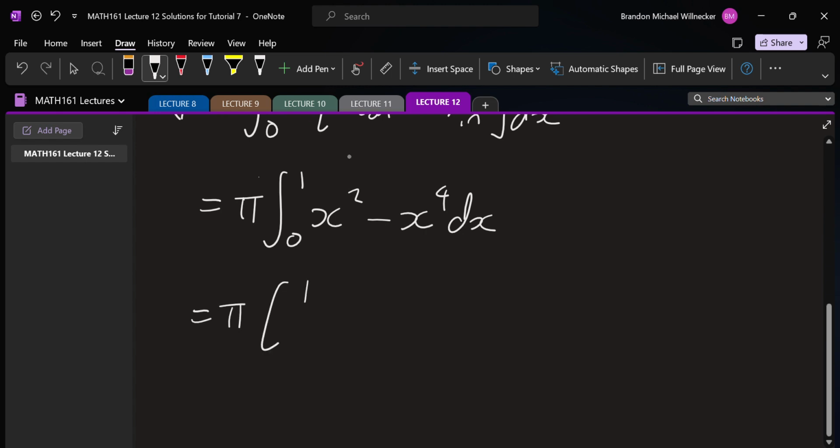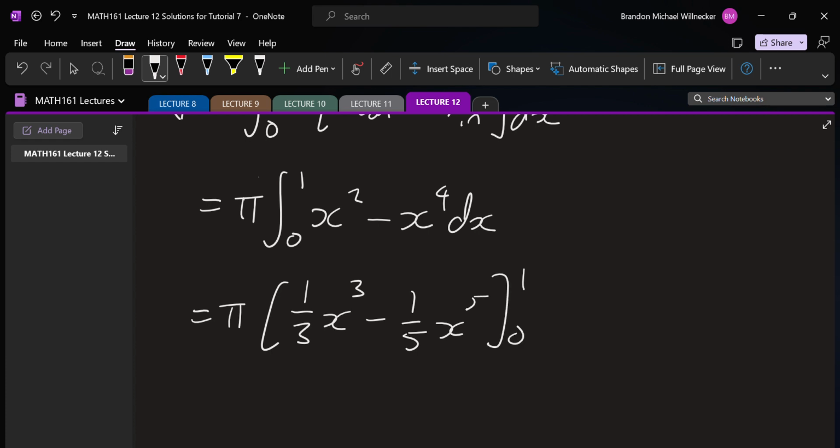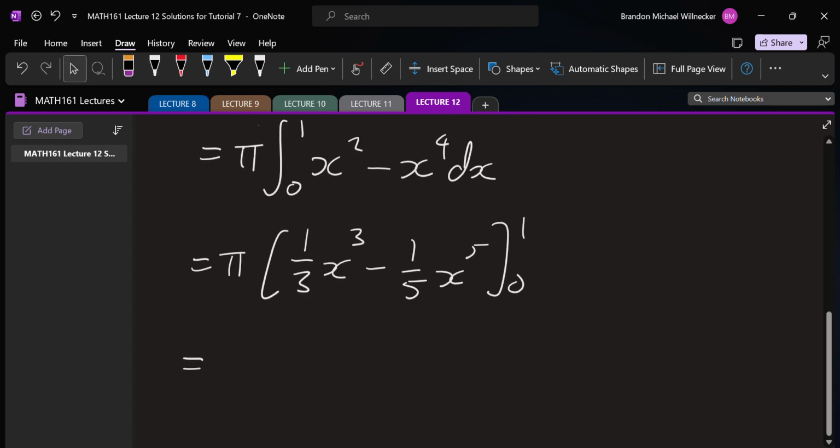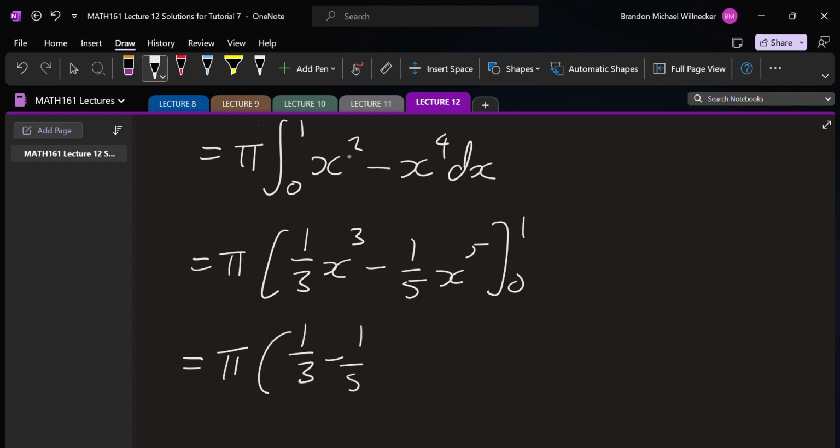So that's pi times (1/3 x cubed minus 1/5 x to the 5) from 0 to 1. Easy to substitute. The 0 doesn't do anything, so we just have a third minus a fifth. And that's going to be 2 pi over 15.